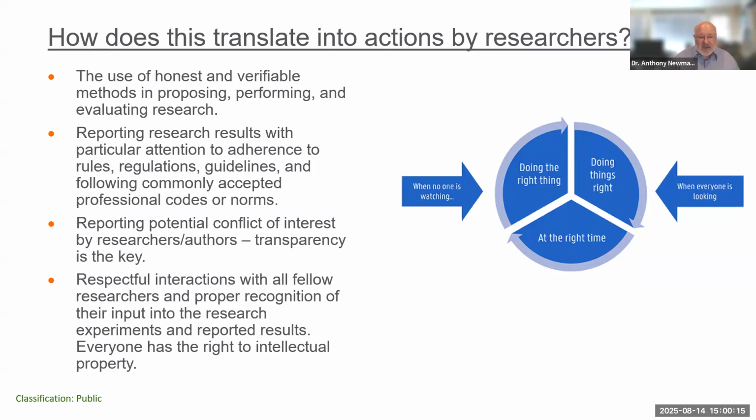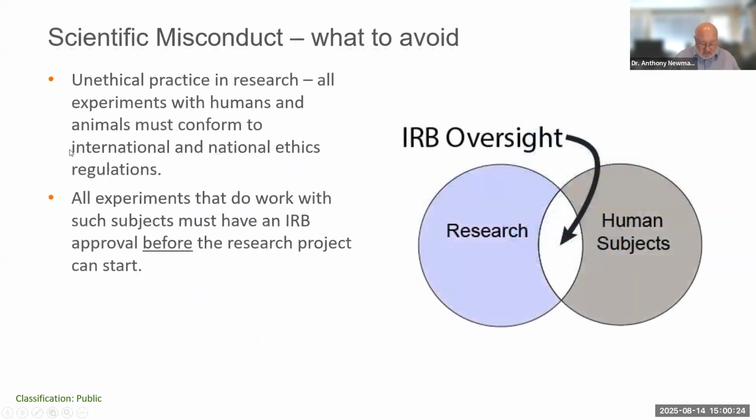Now, this has to be done at the personal level, at the institutional level, at the government level, and in society as a whole. You have to look at the whole idea of scientific misconduct. And sometimes you need an IRB. Not so much if you're not working with humans and animals, but when you are, very much so. The IRB allows you to do certain research.